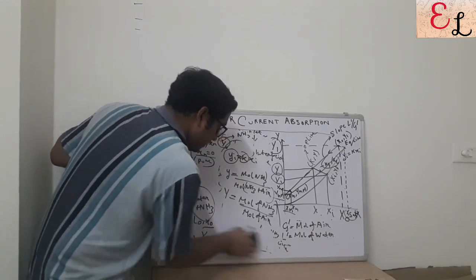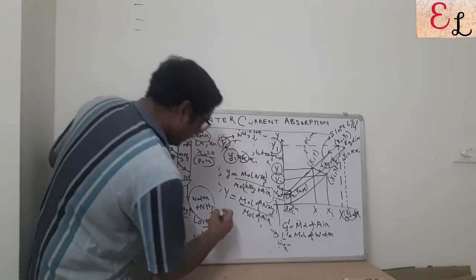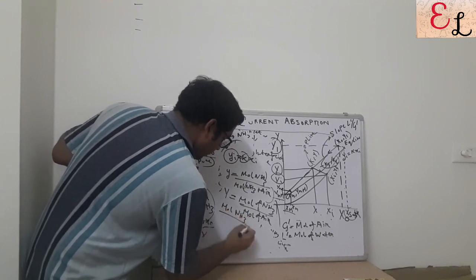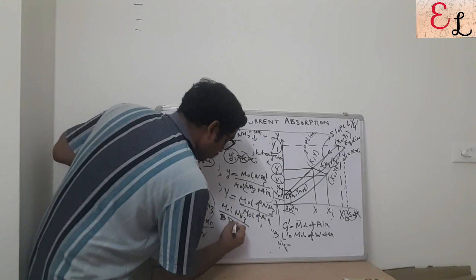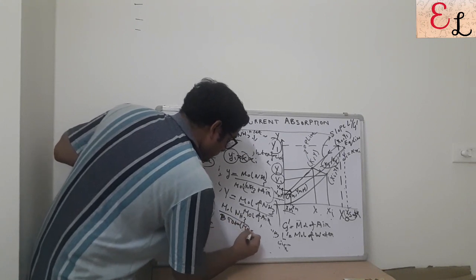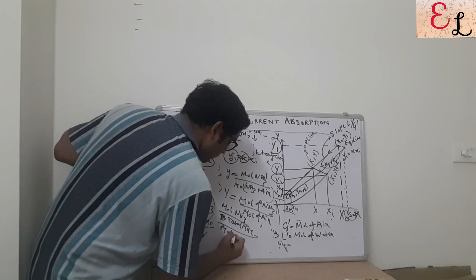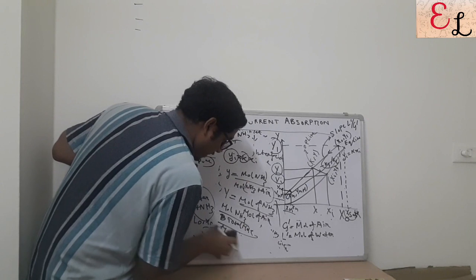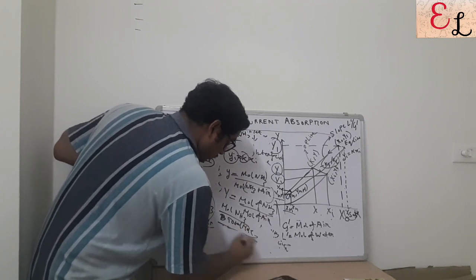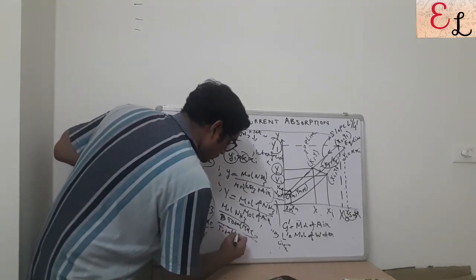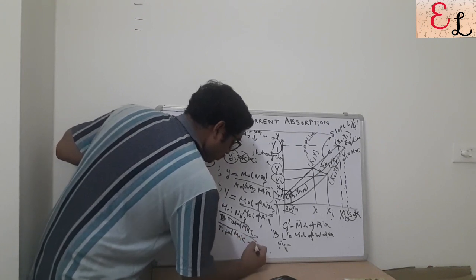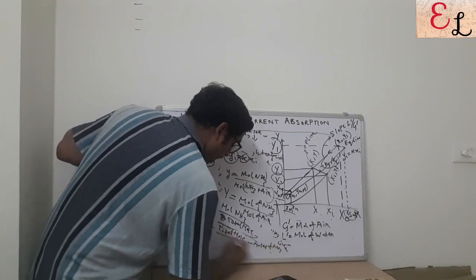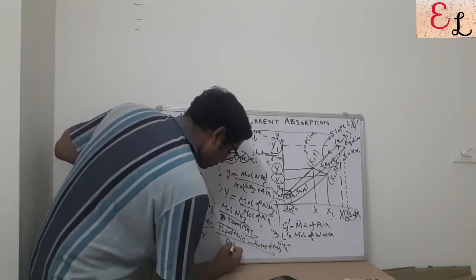It's getting a little fuzzy, so let us do it like moles of NH3 by total moles, divided by 1 minus y. 1 minus y is total moles minus moles of NH3 by total moles.